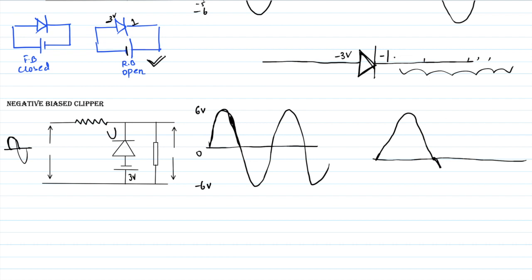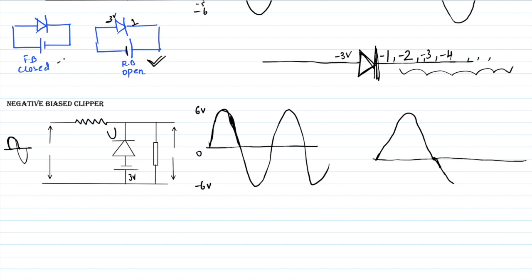Now for minus 2, minus 3 is still less compared to minus 2, so you will get an output. So from 2 to 3 you will get an output. What happens for minus 4? Now the cathode has become more negative.